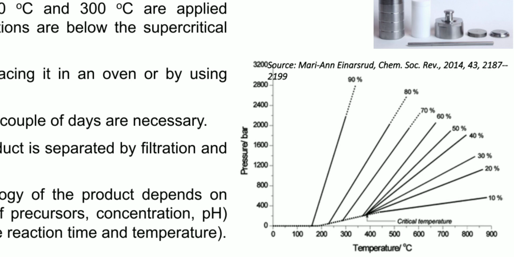So better to keep it at 80%. Most situations recommend filling the Teflon liner with the precursor and liquid to 80%, where the temperature will remain moderate, which is around 220 or 225 degrees centigrade.